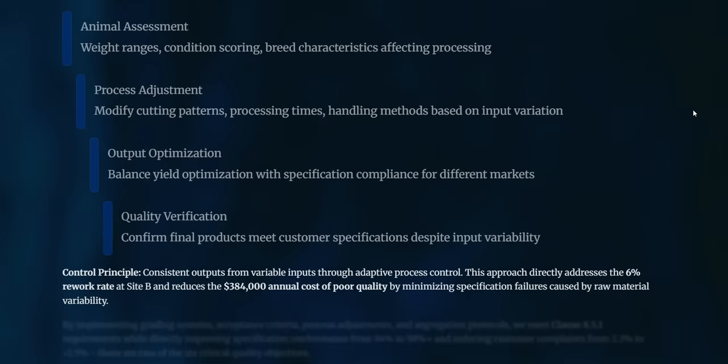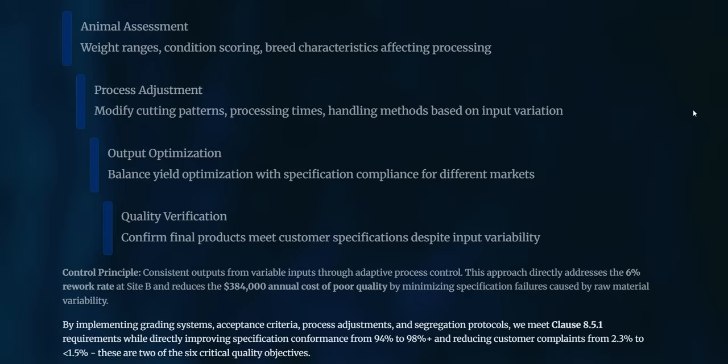Okay? This approach directly addresses the 6% rework rate at site B and reduces the 384,000 USD annual cost of poor quality by minimizing specification failures caused by raw material variability. So this process was not there last year, and now if we implement it effectively, we will eliminate the cause of poor quality and reduce the rework.